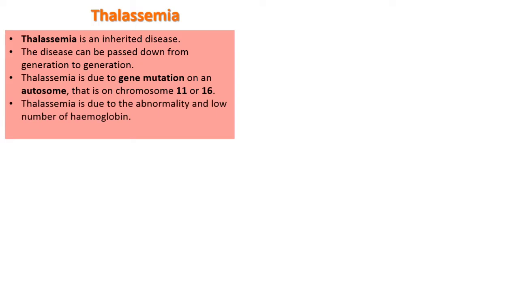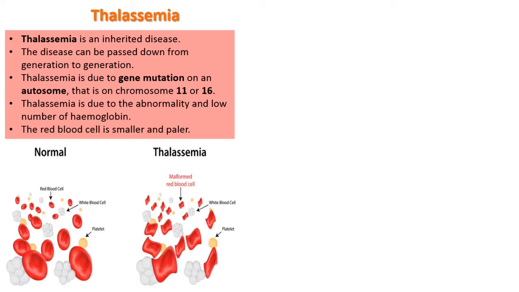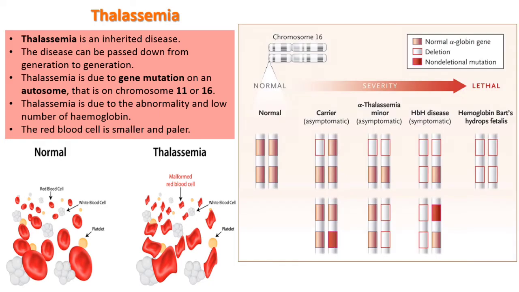So the red blood cell is smaller and paler. This is the picture of thalassemia, with the abnormality and low number of hemoglobin. So thalassemia is caused by gene mutation at chromosome number 11 or number 16. This is the example, chromosome number 11. This is normal.